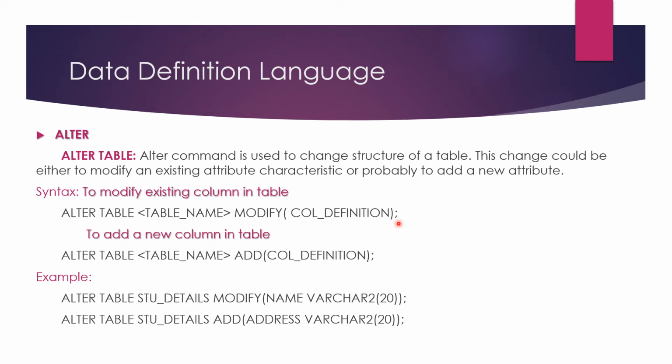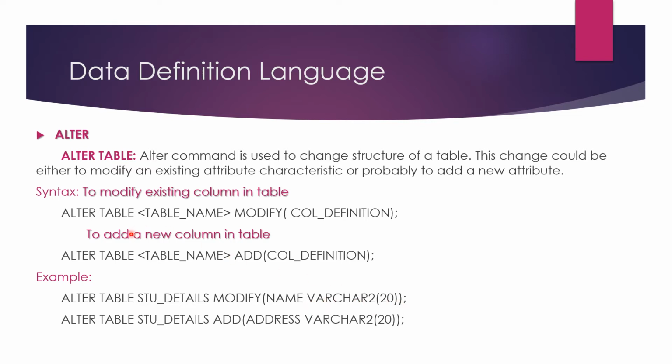So let's see the example for modifying the existing column. Alter table student details. Student details is the table name, and we are using the keyword modify, and within the parentheses we are giving name varchar2 of 20.